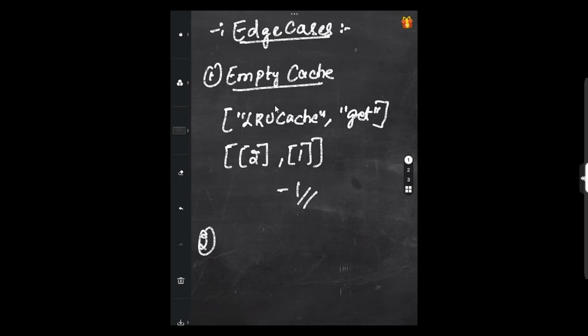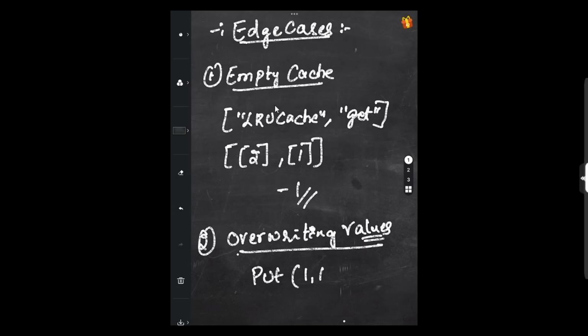This is fair. And second one is for overwriting values. So in this case here we can call put with an existing key to update its value, right? Example, let me consider here put of 1 comma 10 here.